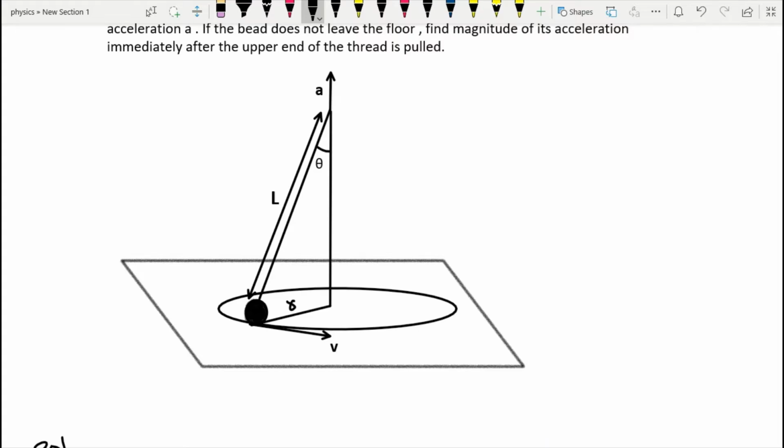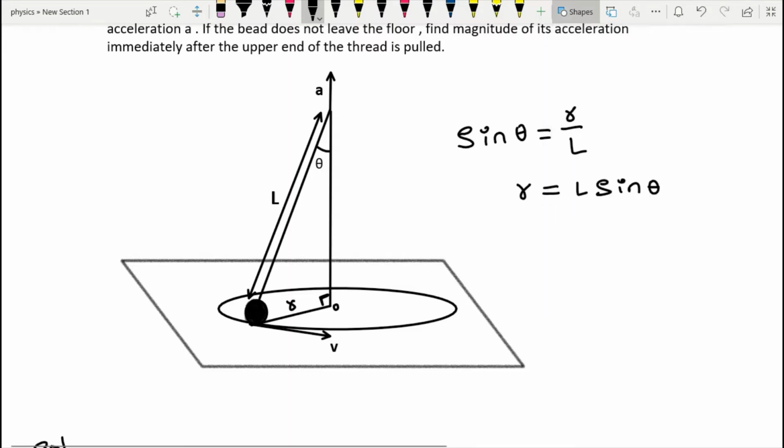We can take this as a right angle triangle, with the right angle at point O. You can take sine theta, which is opposite side by hypotenuse, r by L. So r is equal to L sine theta. This is the radius of the circular path.